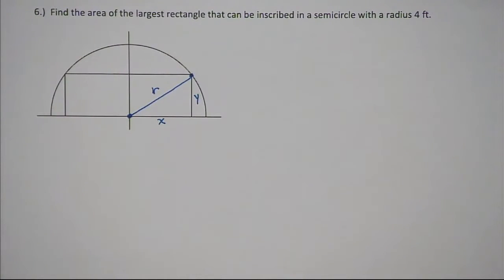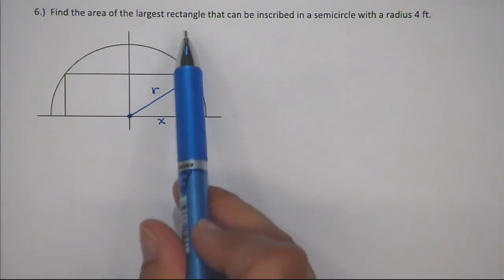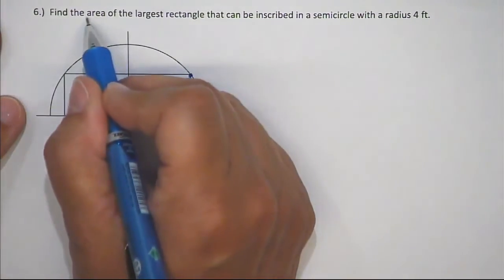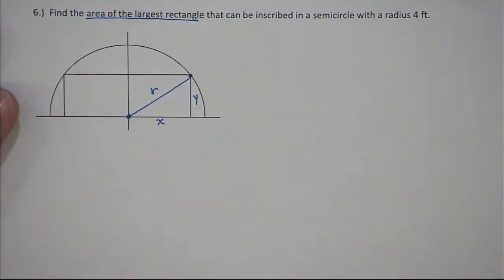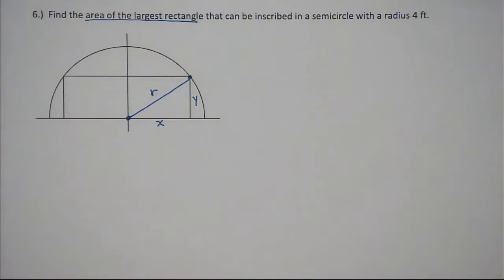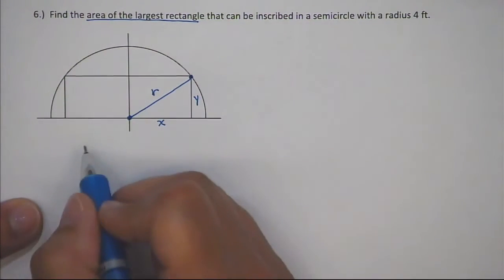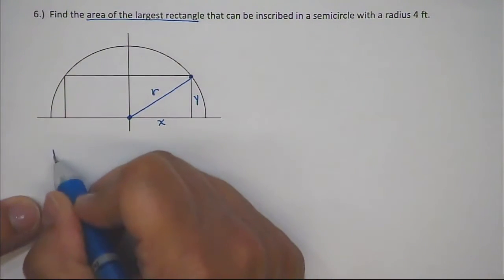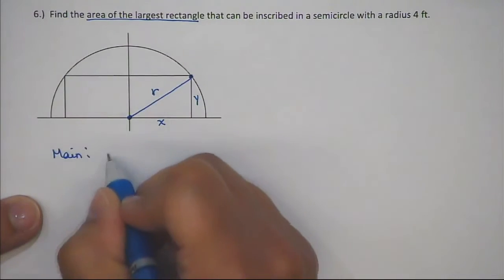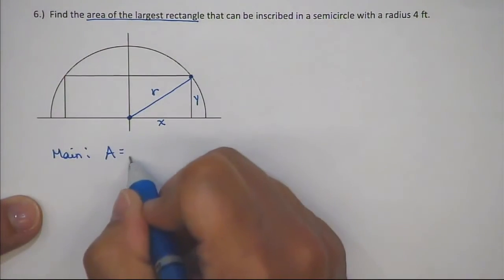We want to find the area of the largest rectangle. That's our main equation right there. The area of the largest rectangle that we can fit inside this semicircle. All right. So, do we agree, because area of a rectangle, that's easy, length times width, right? Base times height, however you want to.